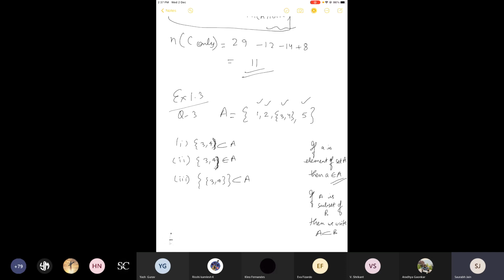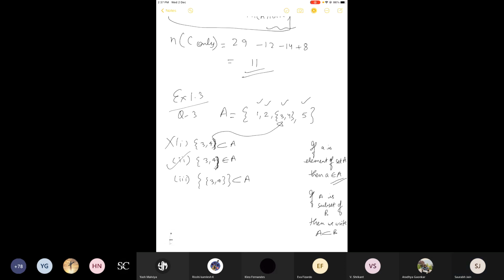So on the basis of this information, can you tell me which is correct, first one or second one? The second one. Yes. Now I think you understood. Because 3 comma 4 is an element of this set, it is not a subset. It itself is the element. So that is why we will use belongs to. So first is wrong, second is right.